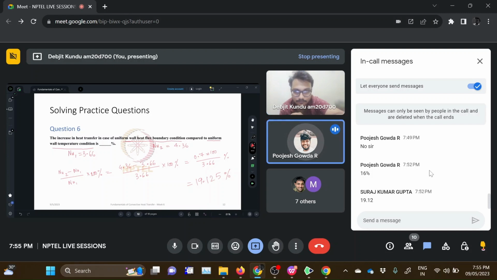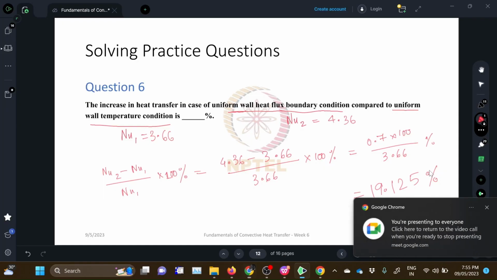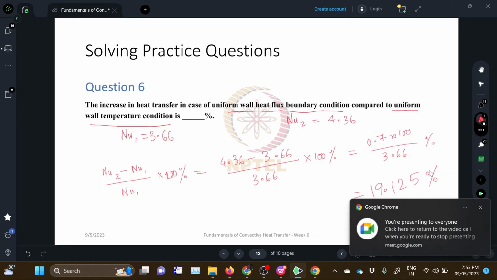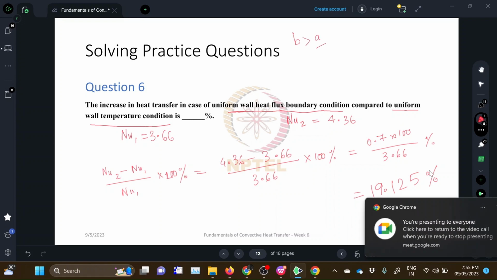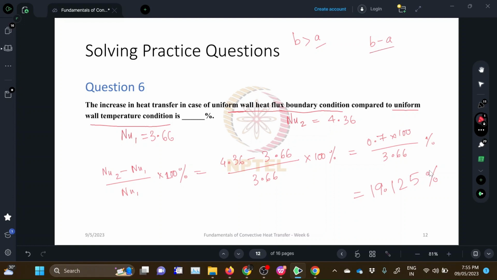Compared to means we have to take the uniform wall flux boundary condition, right? Yeah, so the idea is how much is B greater than A compared to A? How will we do that? We will do B minus A divided by A, right? A is our baseline. Okay, sir. So it is increasing from A to become B. Okay, sir.